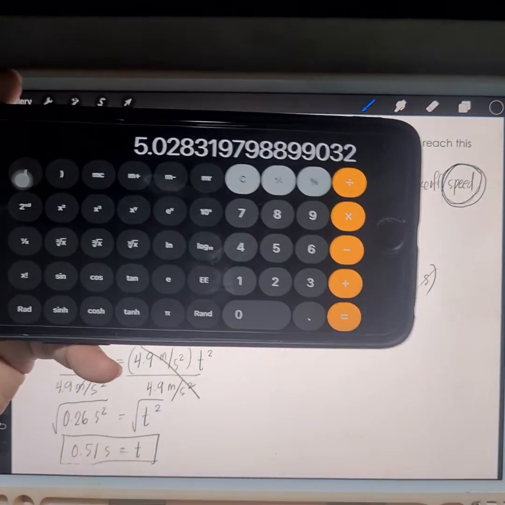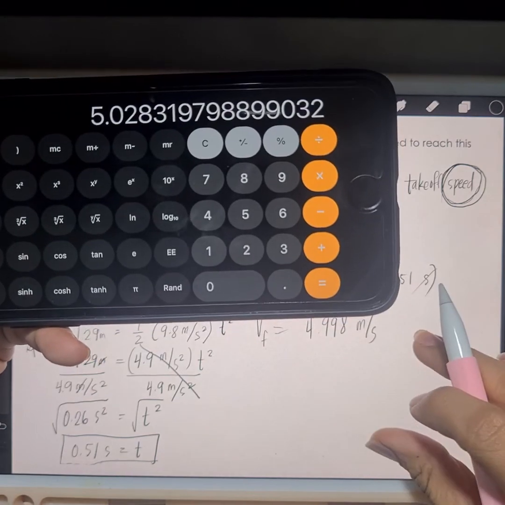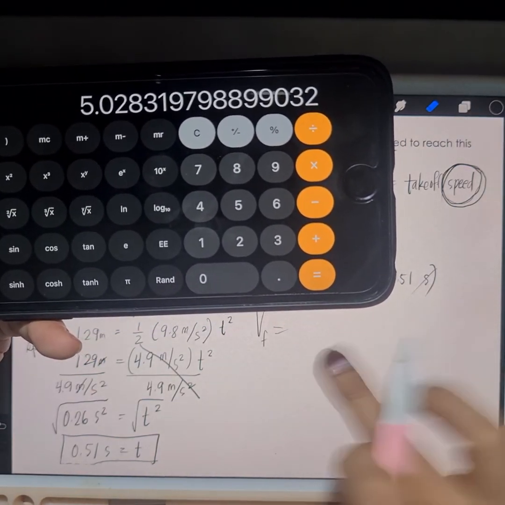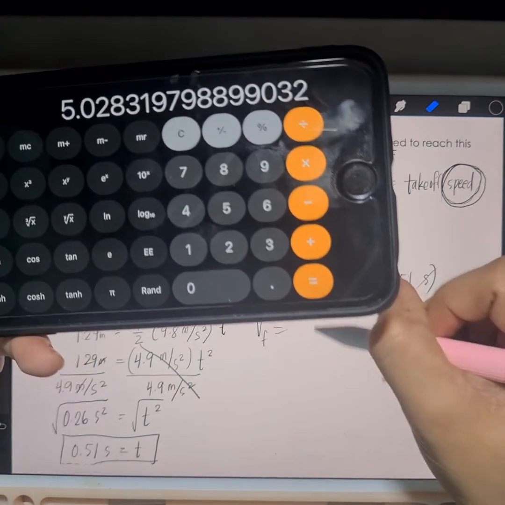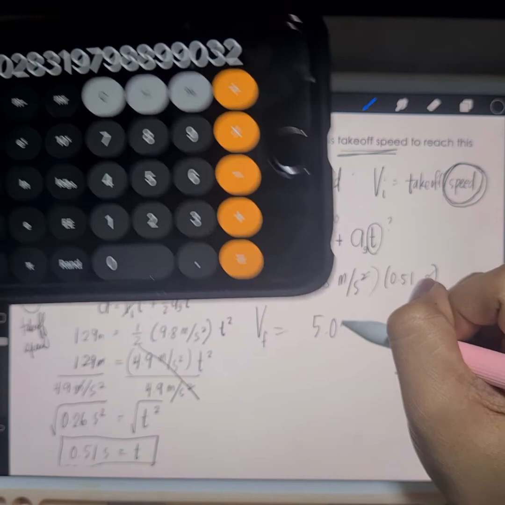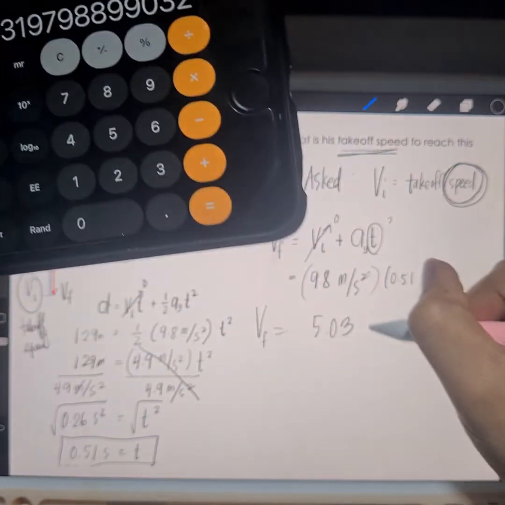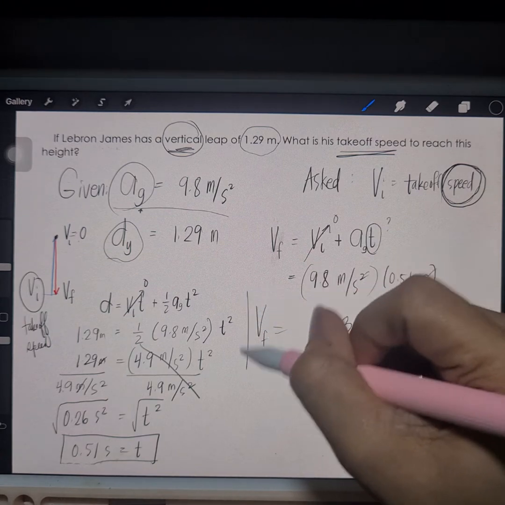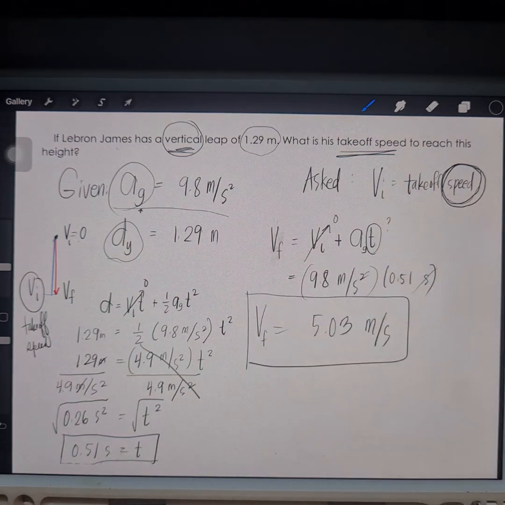There we get the exact value, and if we use the exact value, then we will get 5.03 meters per second, and that is the final velocity.